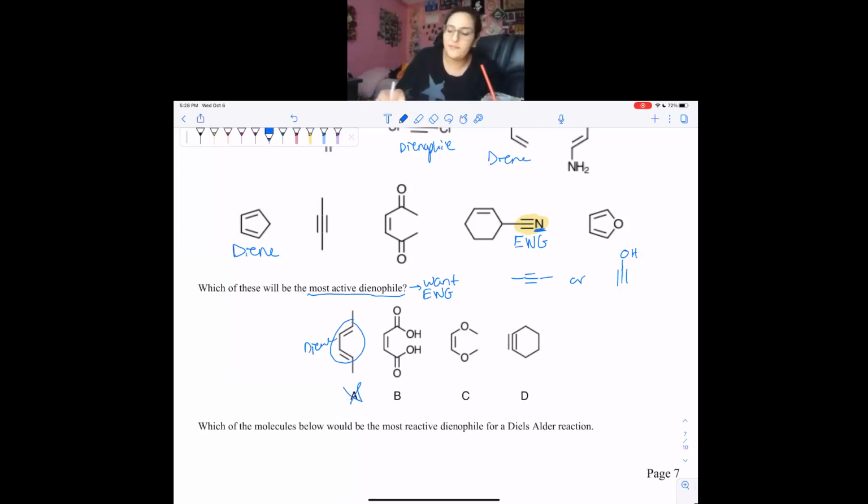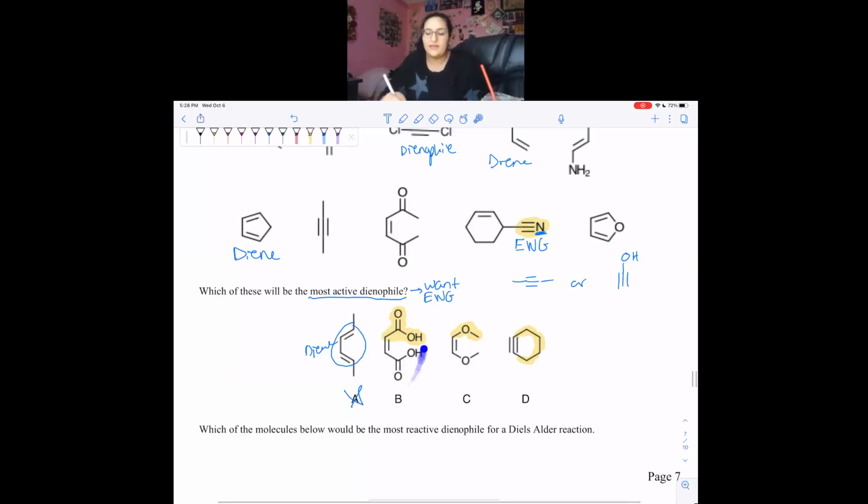Now we have to compare groups. So we have 2 carboxylic acids, 2 ethers, and then just this R chain. So B, first of all, is this a donating or withdrawing group? Ooh, this is one of the ones I said we have to be careful with.